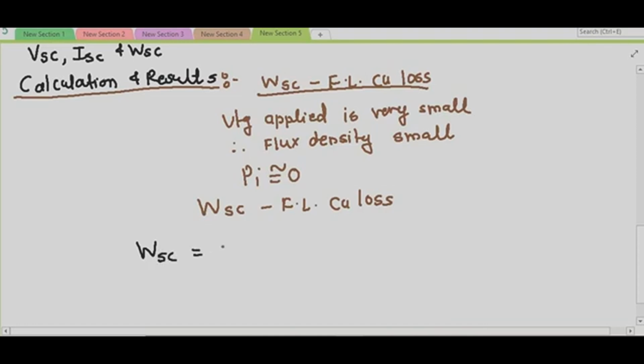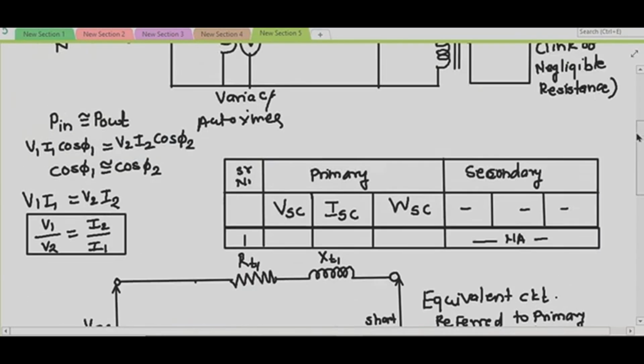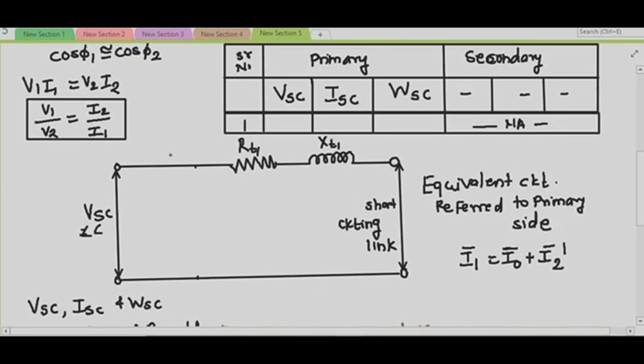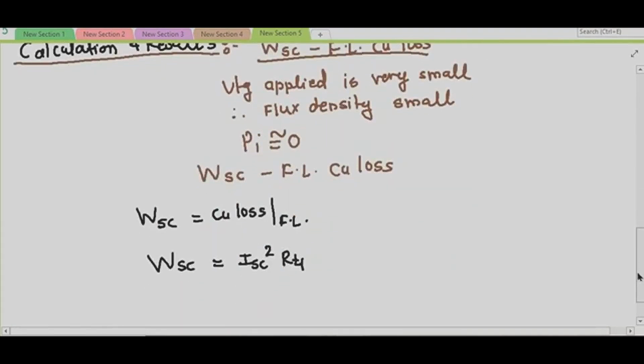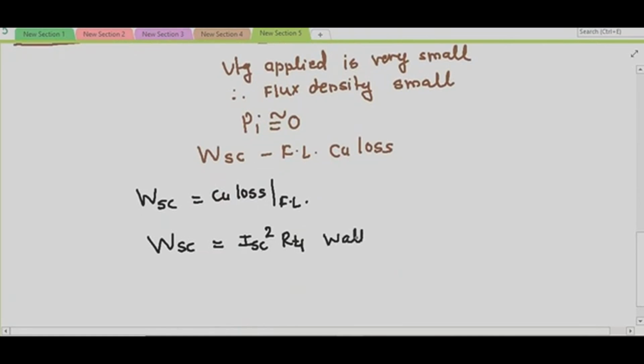So from this equivalent circuit, I can write WSC is equal to ISC square into RT1, in watts. You have recorded WSC and you have recorded ISC. So RT1 is nothing but WSC upon ISC whole square.